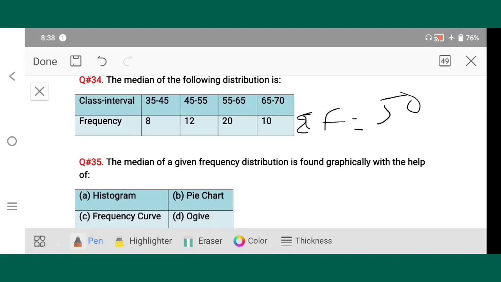So summation f divided by 2 gives 25. Why do we calculate 25? Because we are going to locate the median class, so for this we will find the cumulative frequency. 8 plus 12 gives 20, 20 plus 20 gives 40, 40 plus 10 gives 50.